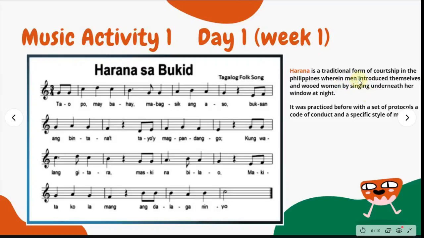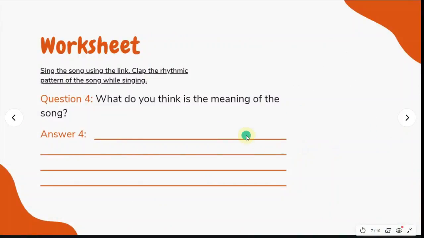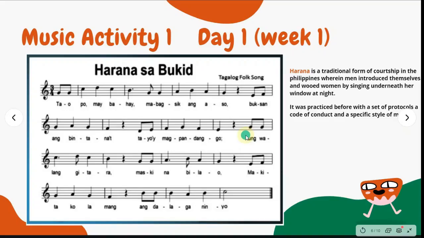Pero ngayon na iba na yan, no? So wherein men introduce themselves and woo women by singing underneath her window at night. So it was practiced before with a set of protocols, a code of conduct, and a specific style of men.